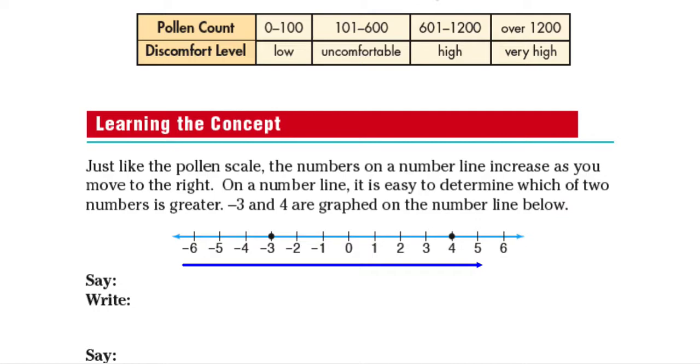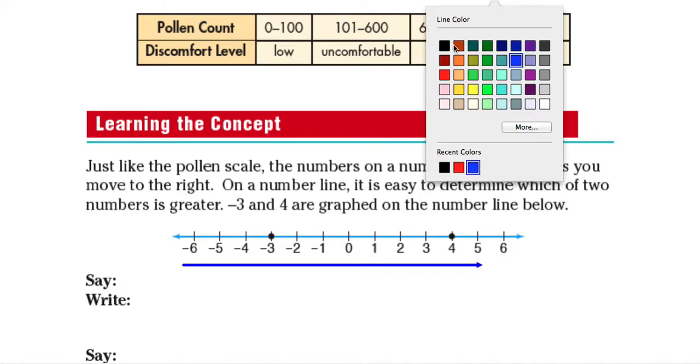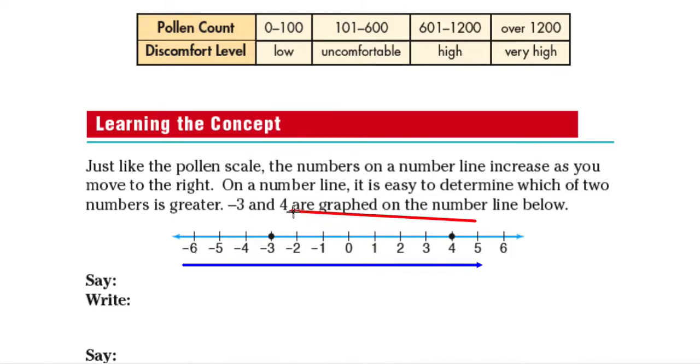As we move from right to left, the value decreases. So as you move this way, the value begins to decrease, and when you move from left to right, the value actually increases.